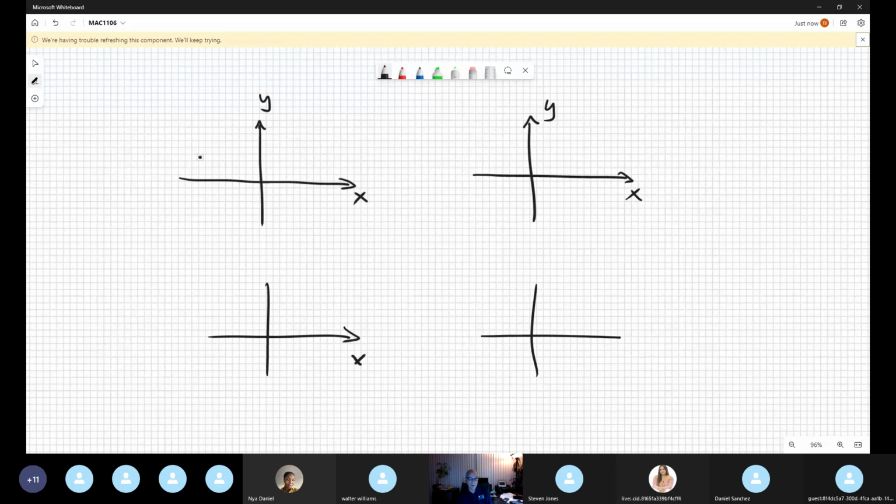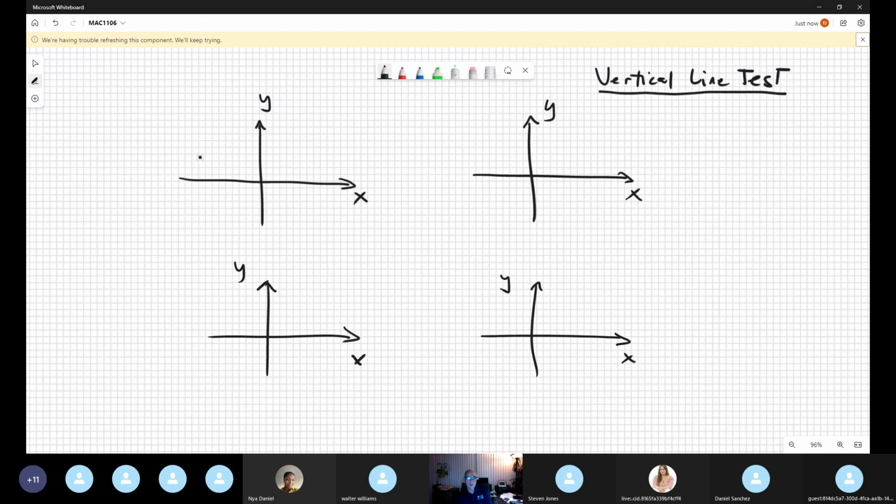And we apply one test, which is called the vertical line test. It's a test that allows me to understand if the graph belongs to a function or not.